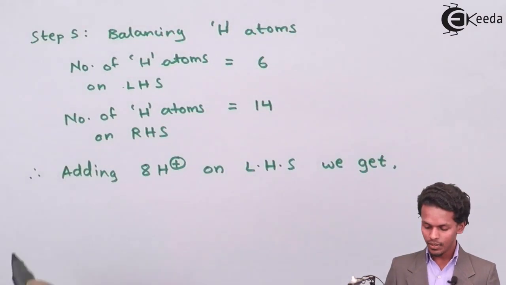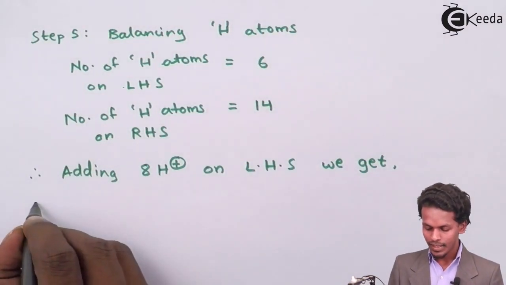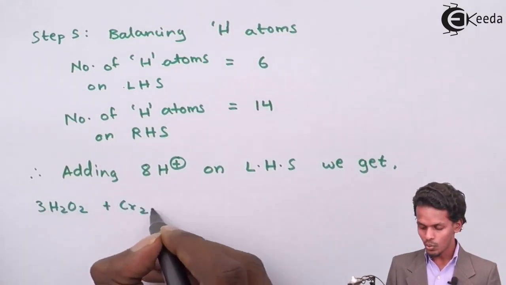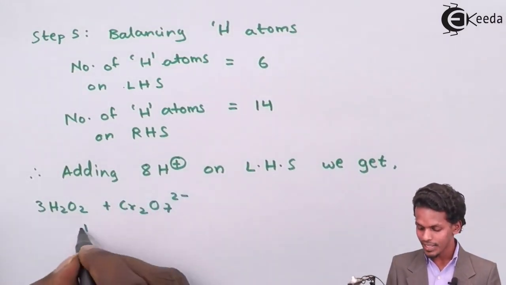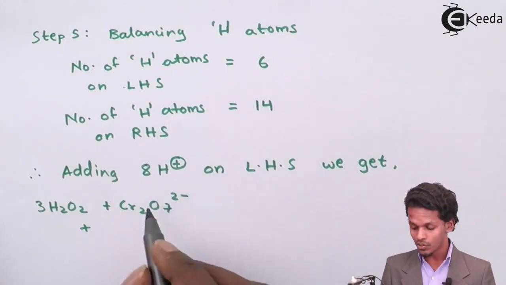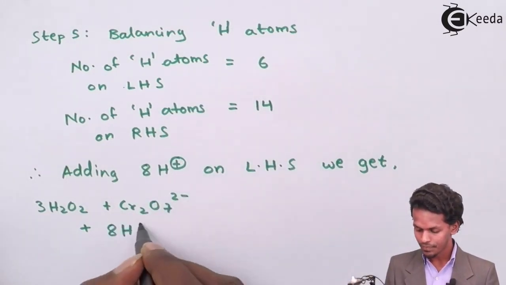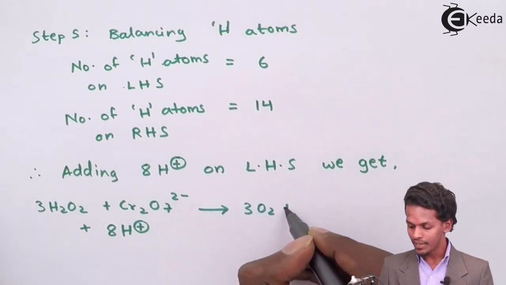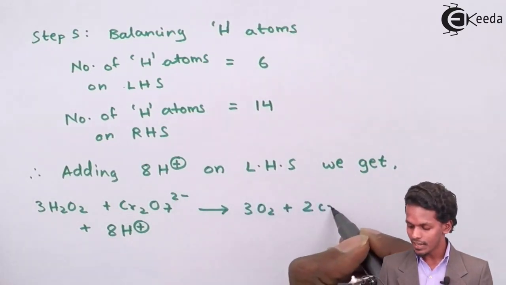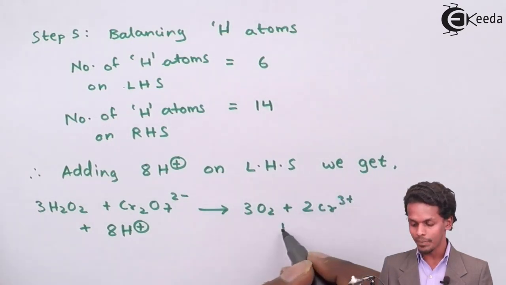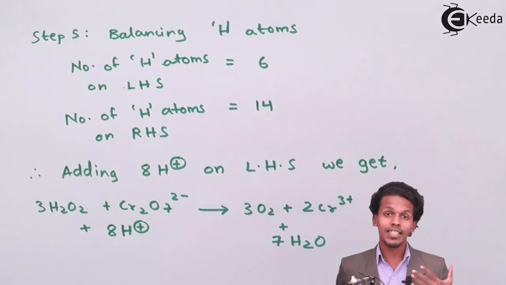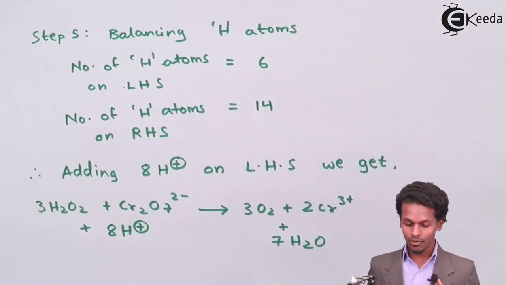So the overall reaction that we have got is 3 times H2O2 plus Cr2O7 2 minus plus 8 times H plus on the left hand side. That should give us 3 times O2 plus 2 times Cr3 plus, chromium 3 plus ion, plus 7 times H2O.